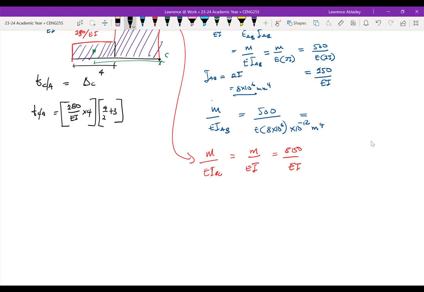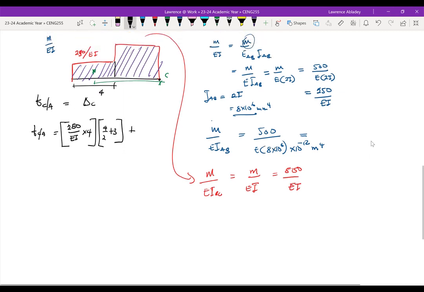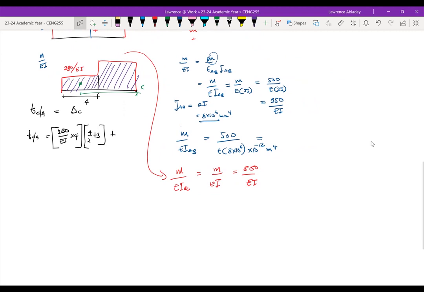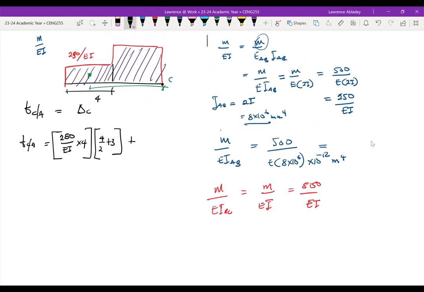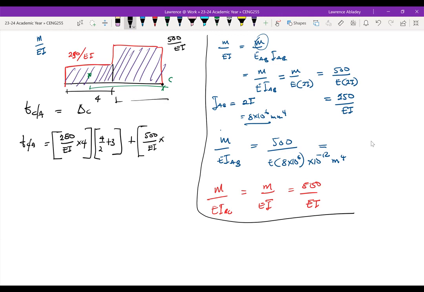Okay. Then the right portion, let me just take this away so that I can have space for that. So the right portion, this was here. So this height is 500. I didn't put it there earlier. So 500 over EI times, again, the base here is 3.